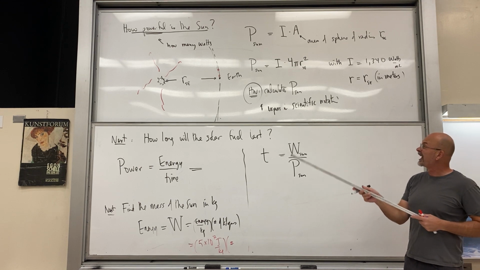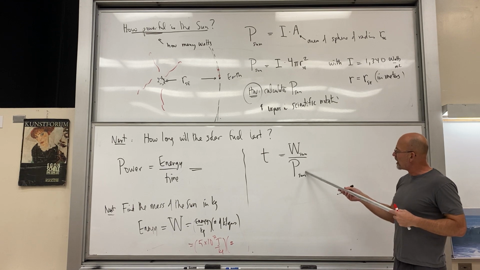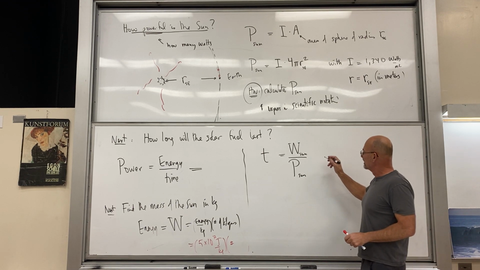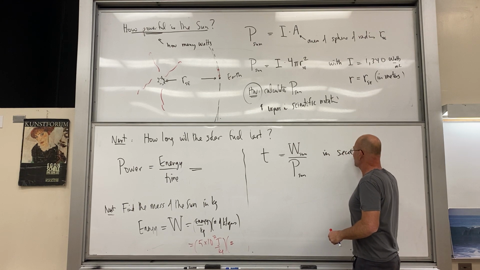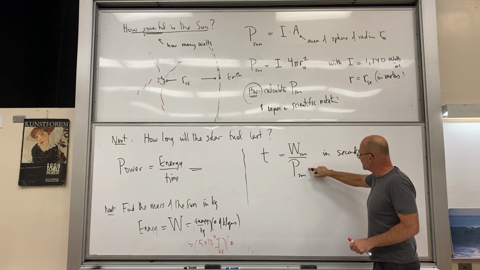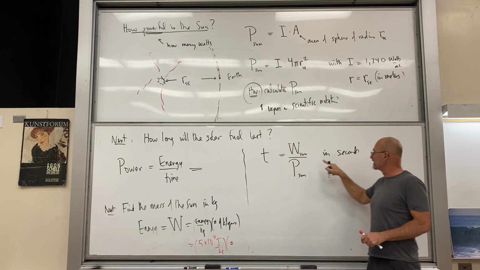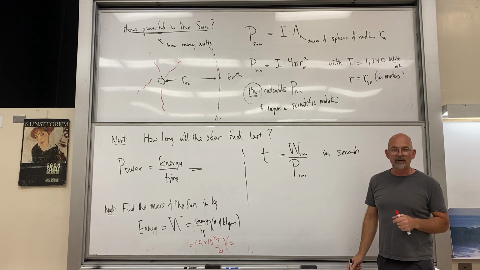But we're using standard units now, so we're using joules here and watts here, so these are seconds. These are joules, these are watts, so watts times seconds is joules, right? So these are seconds, and this is going to be a big number.